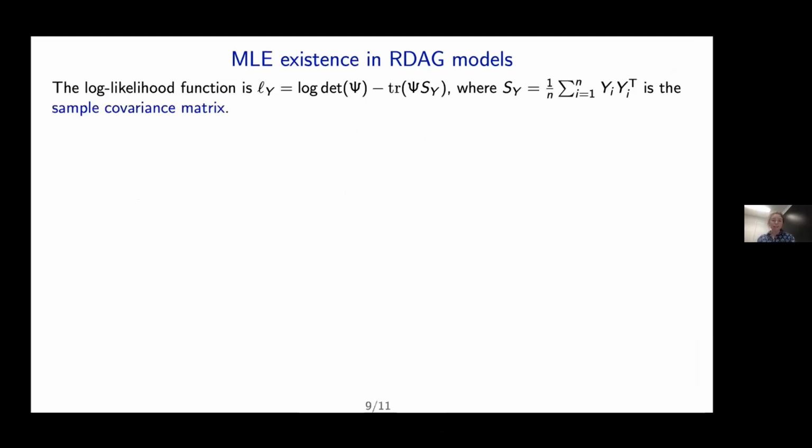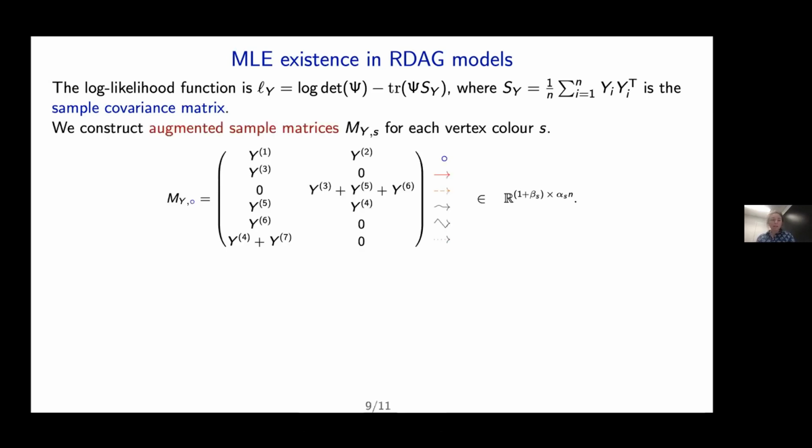Our log likelihood function, so Aida already mentioned that we can rewrite the log likelihood function in the multivariate Gaussian setting as this expression here, log det of psi minus the trace of psi sy. This is a function of psi, where sy is our sample covariance matrix.